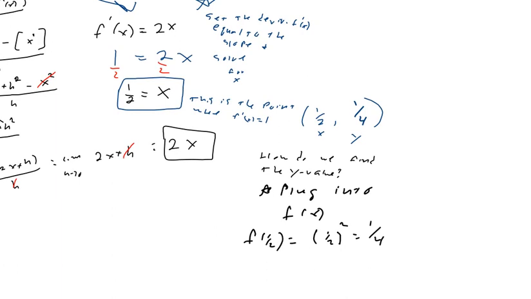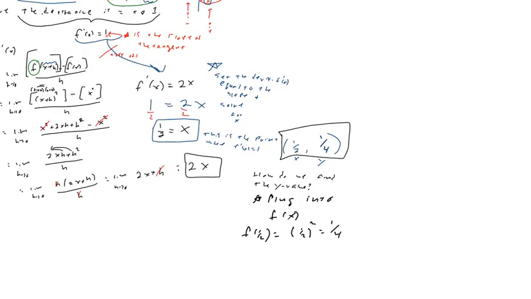Plug into the f of x equation, you get your y value. So this then is our final answer, our coordinate point, 1/2 comma 1/4. That's the location on the graph where the tangent slope is 1. No easy way to say that. Let's try this again.